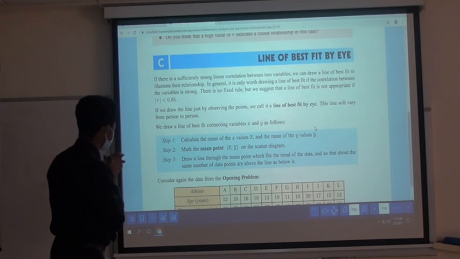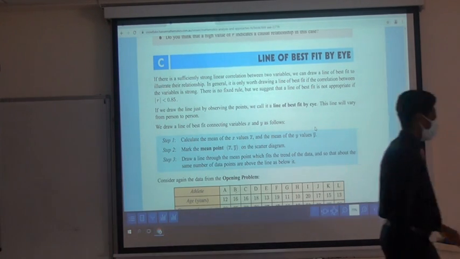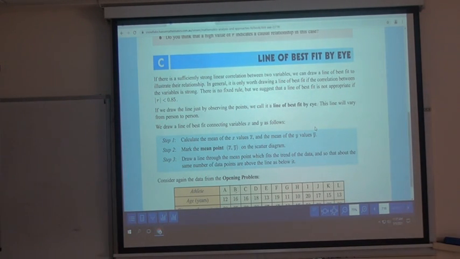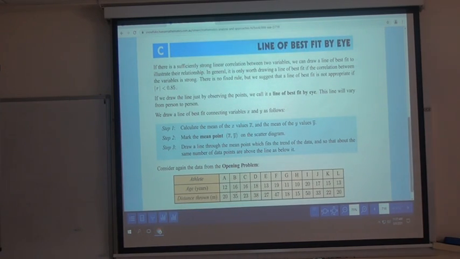What do I mean by observed value? If you look at this information right now, this data talks about the age of the athlete and the distance thrown. Maybe it's javelin or whatever, but the distance they can throw.